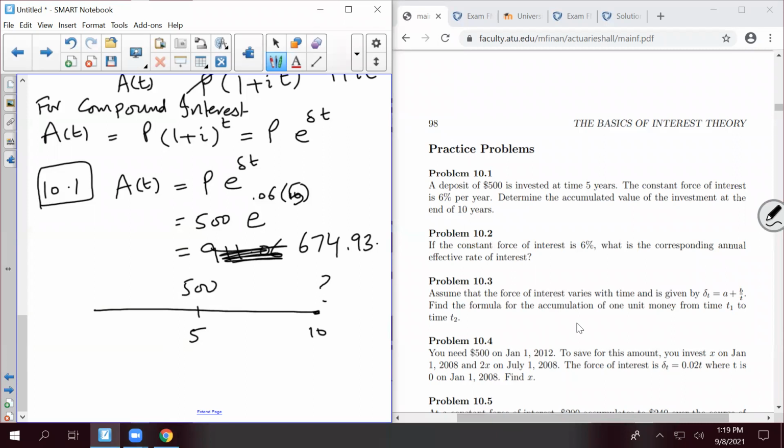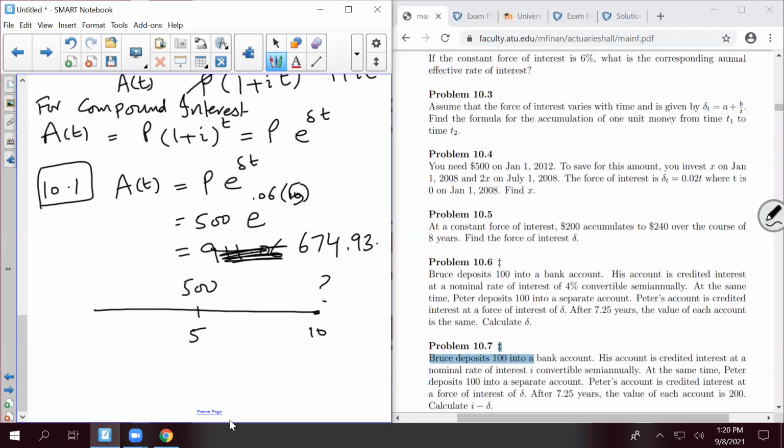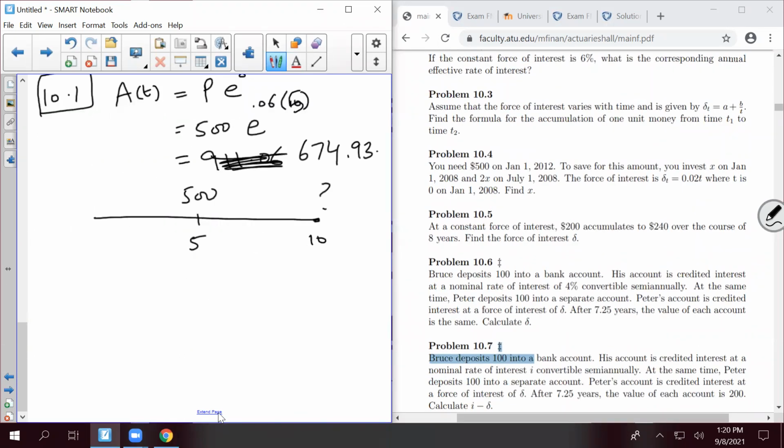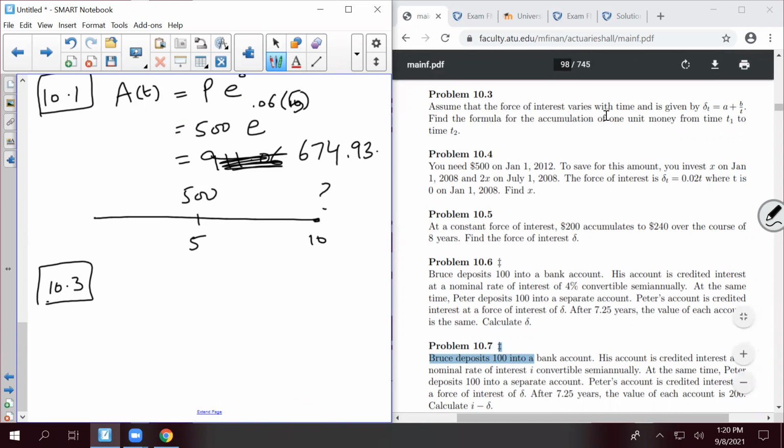Let's look at 3. Assume that the force of interest varies with time and is given by delta t is equal to a plus b over t.